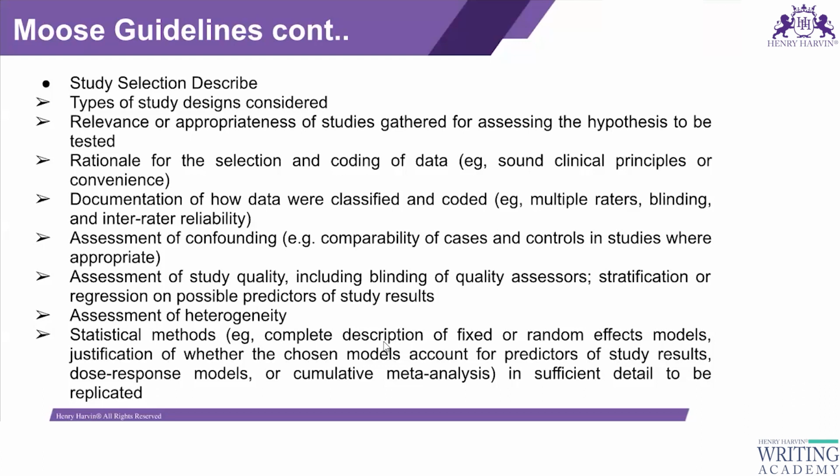Then the rationale for the selection and coding of data, for example sound clinical principles or convenience. So what is the rationale or background used for the selection and coding of data, and what clinical principles were used. That you have to mention.